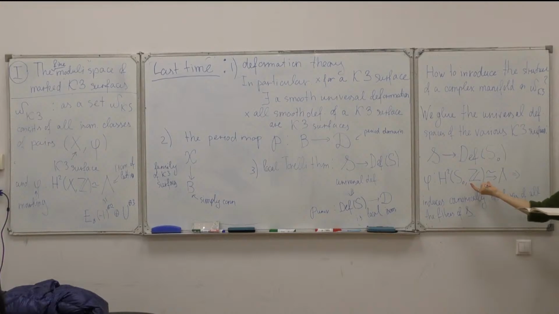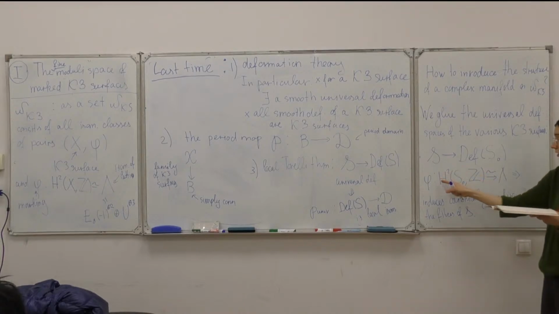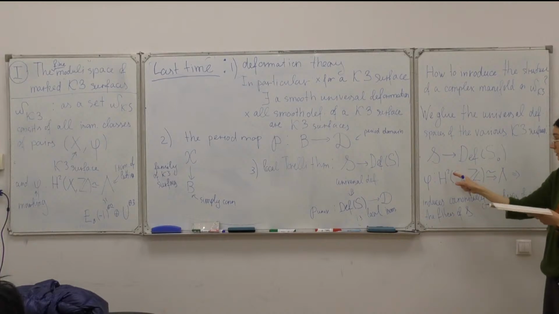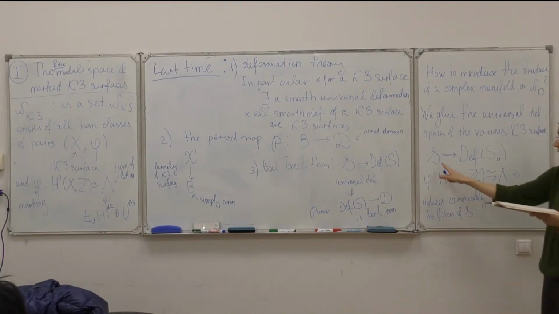So if we fix a marking on the central fiber, the local system of the corresponding integer second cohomology is trivial, and using this local system and this marking, we obtain markings on all fibers of the universal deformation, right?